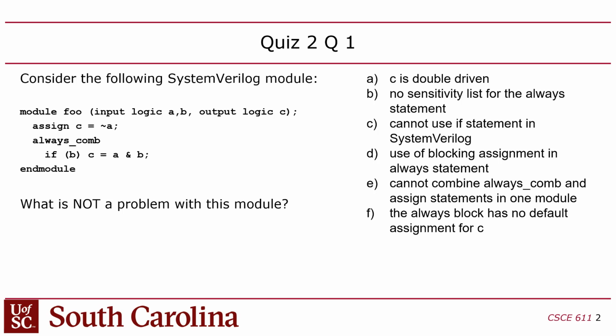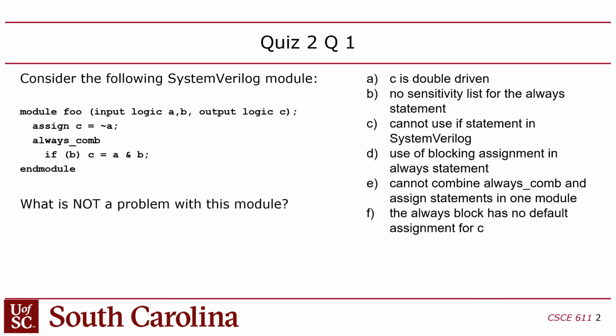It could be a conditional expression, a case statement expression, or a Boolean expression or an arithmetic expression. But any signal you use in there is going to be an input, and thus will be implied to be in the sensitivity list. So if you change anything that's written as an input, it's going to trigger that always block. Likewise, anything that's assigned inside the always block is treated as an output. So because we assign C in here, both the always block and the assign statement are drivers of C.